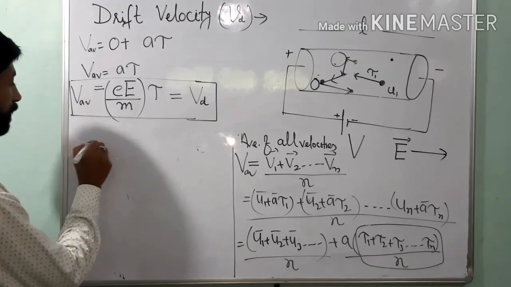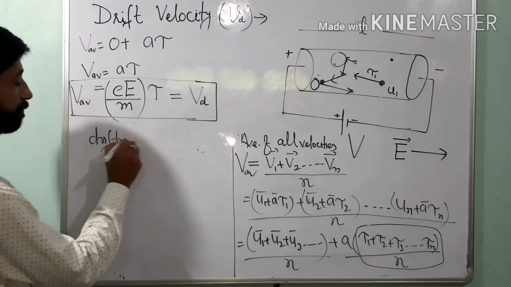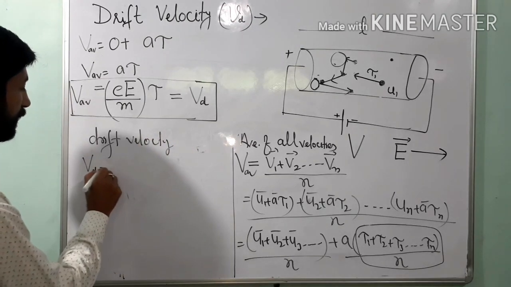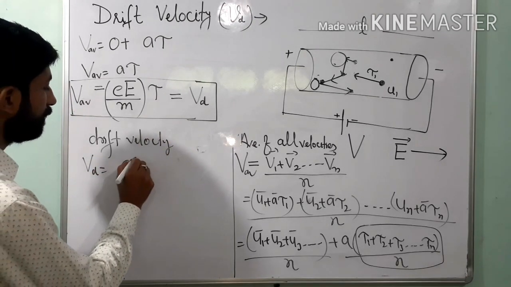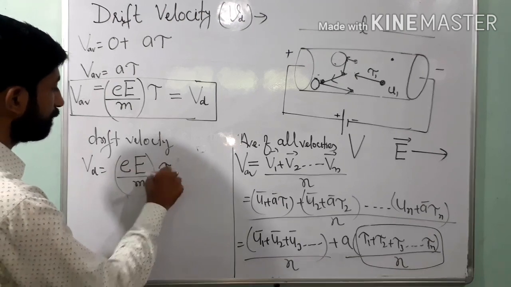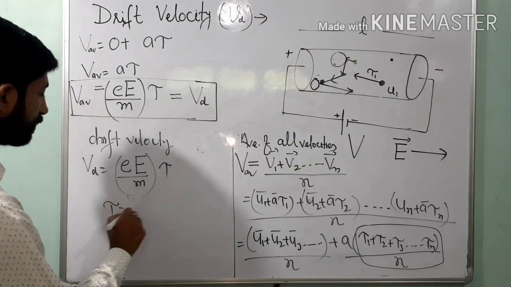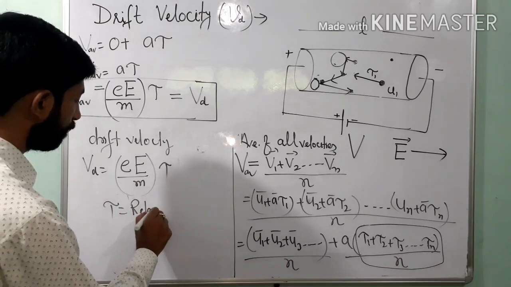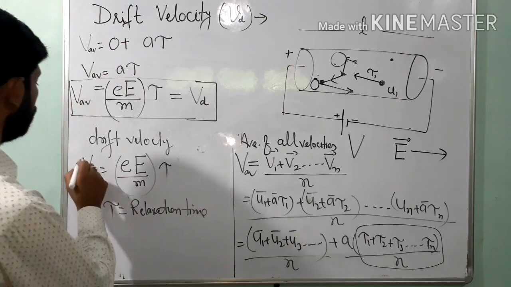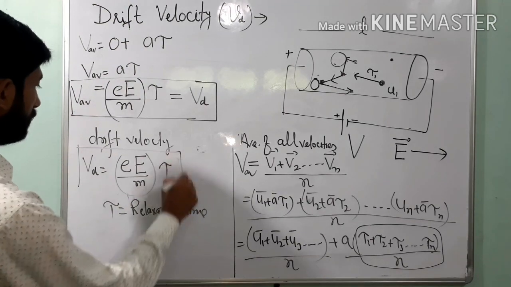That is the drift velocity: V d is equal to small e, capital E over m multiplied by tau, and this tau is called the relaxation time.